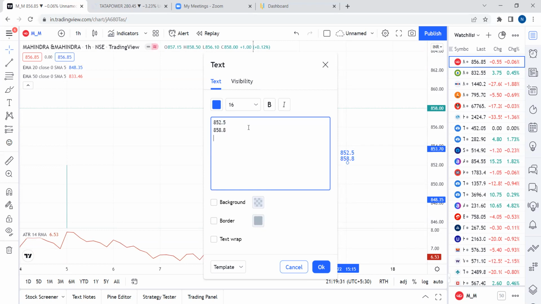Now if you deduct this from this, you will get the length of the candle. The length of the candle is nothing but 858.8 minus 852.5. So how much will we get? 6.3. This is the bigger number, but anyways, 6.3 is the difference.